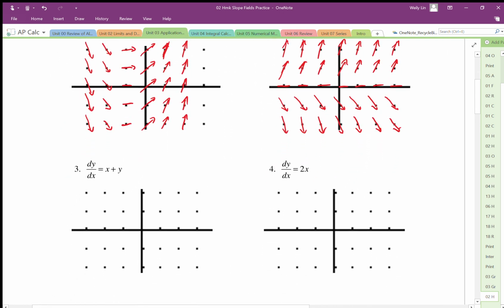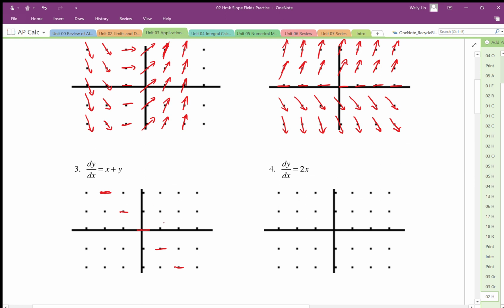This one's a little bit harder. If we take a look at this graph, x plus y, well, I start at (0, 0) and get a slope of 0. In fact, if x is 1 and y is -1, I'm going to get a slope of 0. Along this line, I just get 0 slope. So -2 and +2 cancel out, and I get a slope of 0.